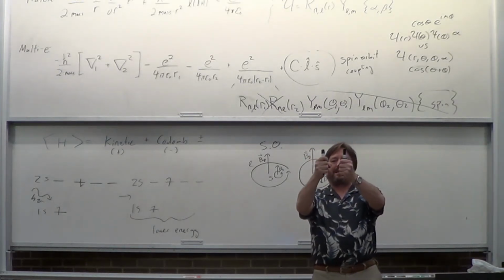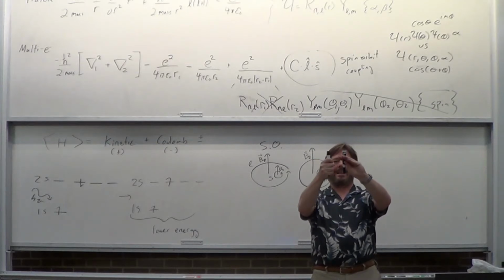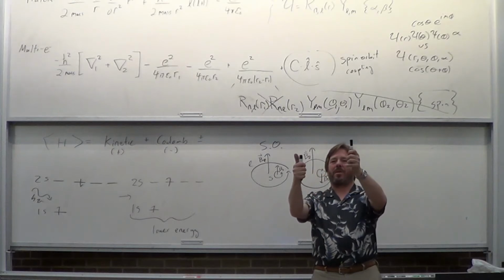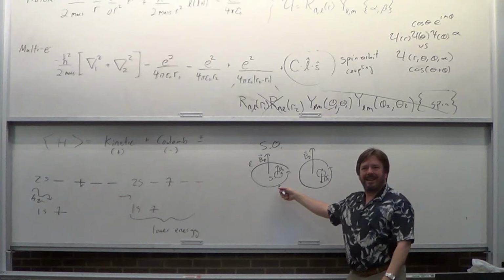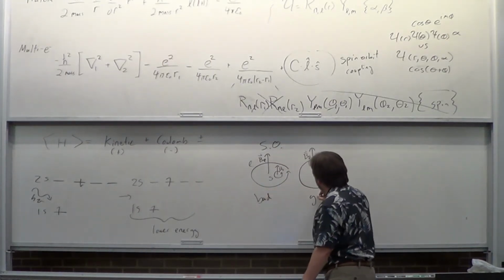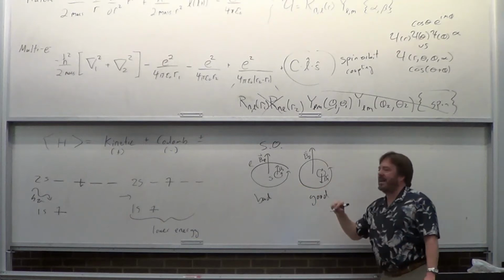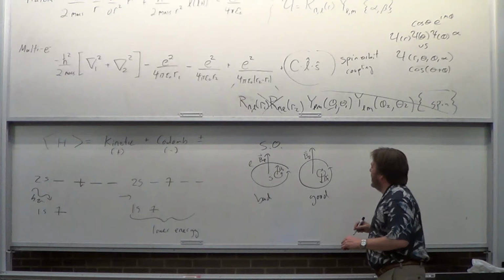Which one's bad or good? Which one's bad? North, right? So the left one's bad. Bad. Good. So it's energy raising, energy lowering, right? So magnets still work the same way as you thought before.